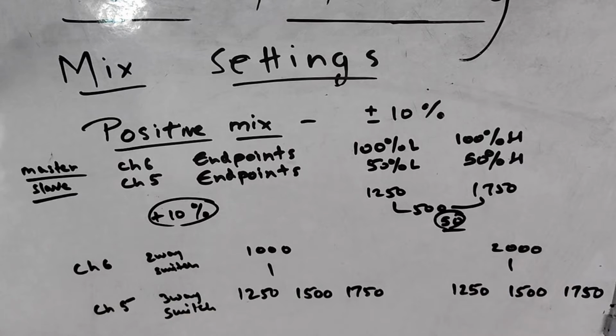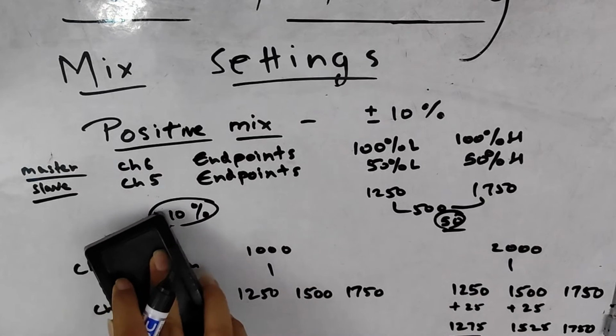But since 1750 is already at one of the extremes, nothing is added to that, and we get 1275, 1525 and 1750. This time again, what you can observe is that 25 plus 25 sums up to 50, which was the 10% of 500. Alright, let's move on to minus 10% positive mix.